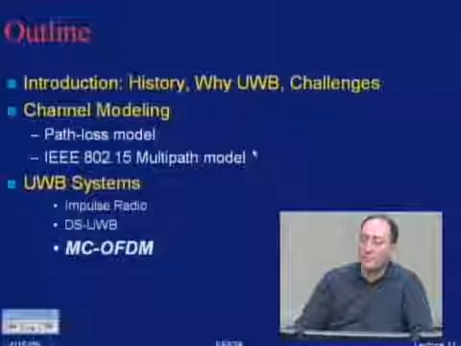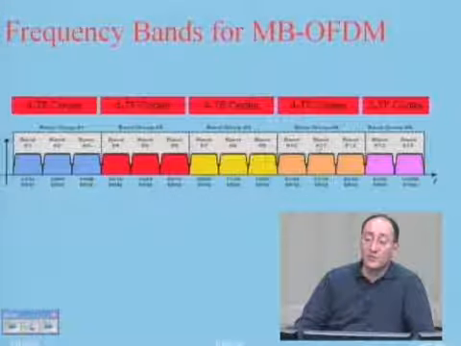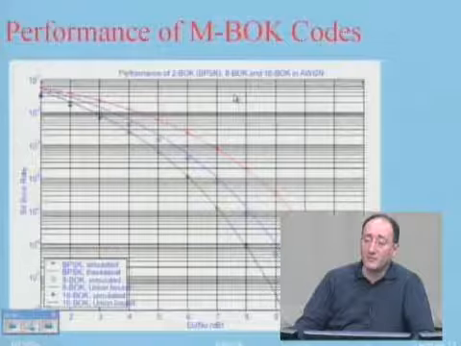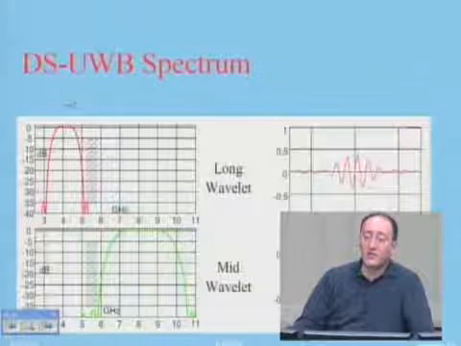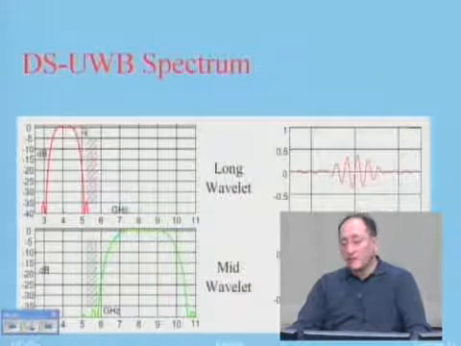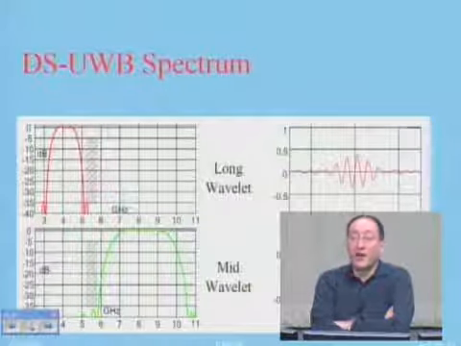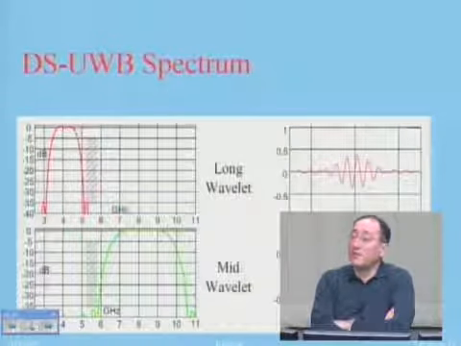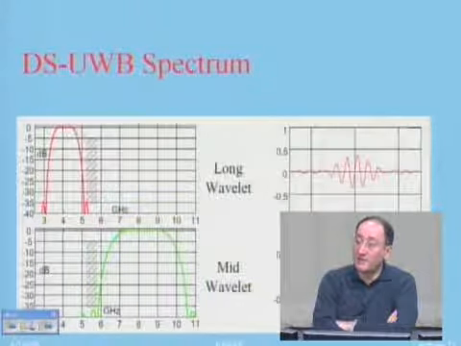If you want to compare now the 2 solutions, multi-band OFDM provides more flexibility, and the other one, direct sequence ultra wideband, can provide higher data rates, up to gigabit per second because you have wider bandwidth.